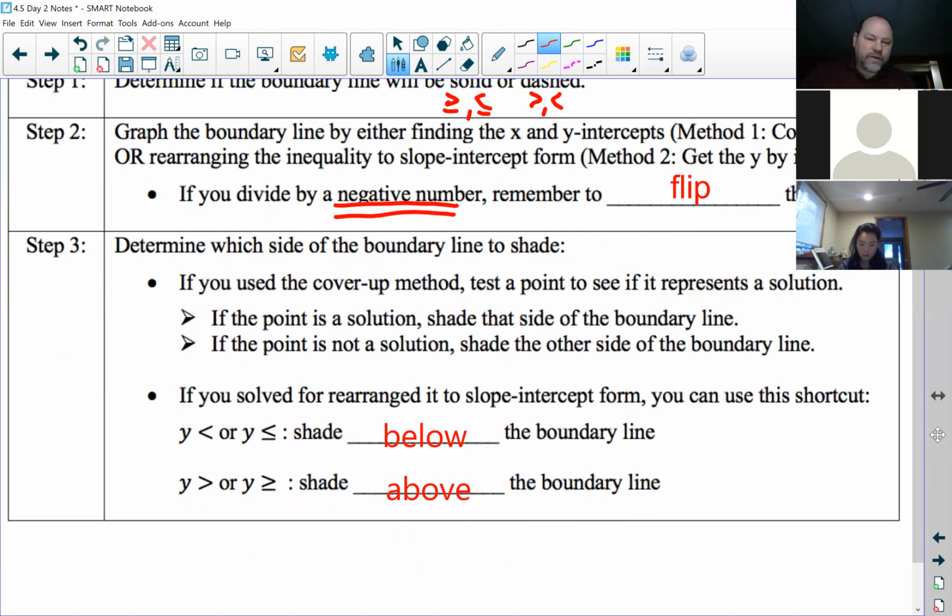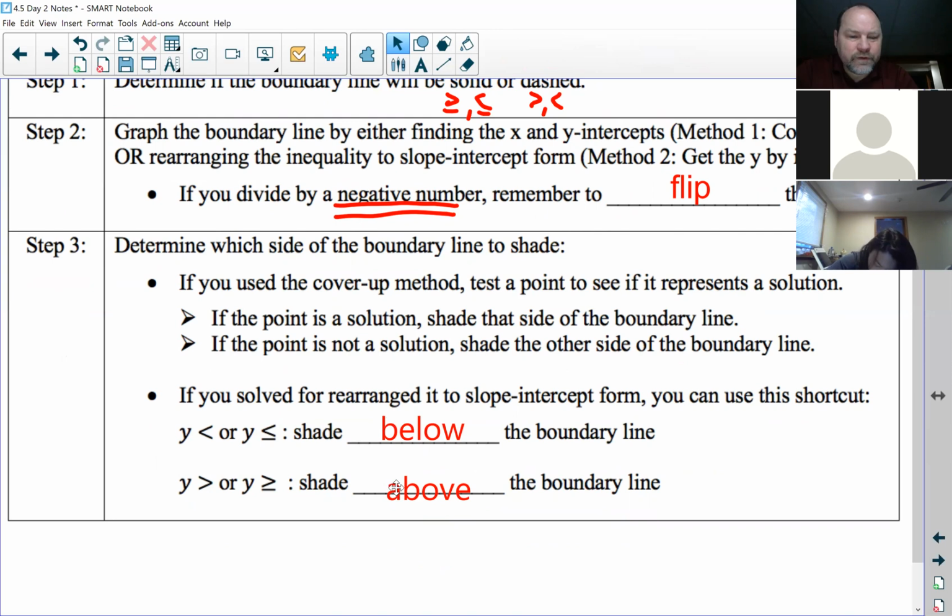The third step, the last step, if you use the cover-up method, you need to pick a point that's not on the line and see if it makes your inequality true. Again, there are some points that work better than others, and I will talk about that when we do the examples.